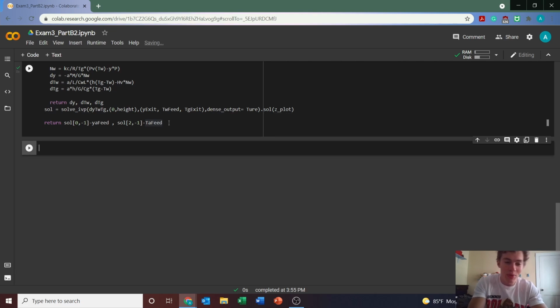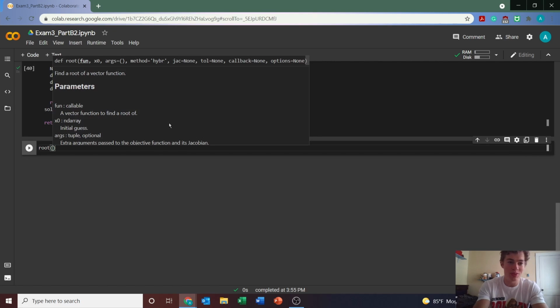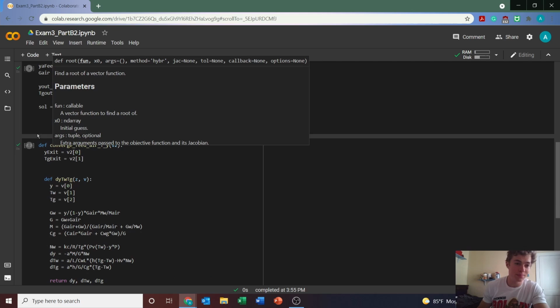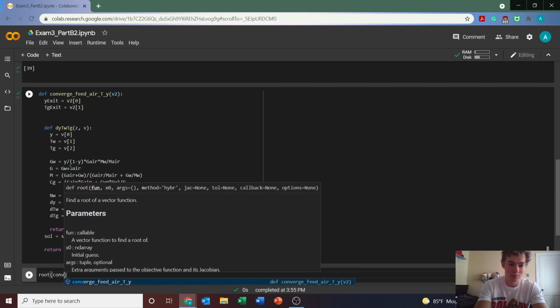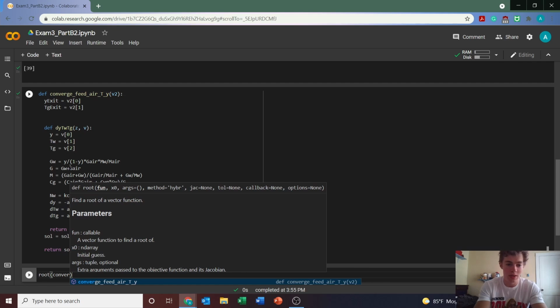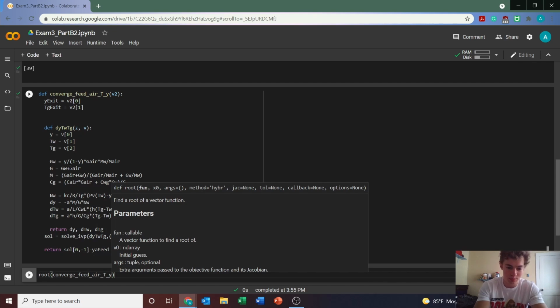Fantastic. So now we're going to use the root solver in order to solve and get the correct initial values that we can use in order to graph our data, actually. So what we can do is we can do root, and then it's going to ask for the function we want, and we called that function converge, feed and air temperature water. Next it's going to ask for our initial guesses.